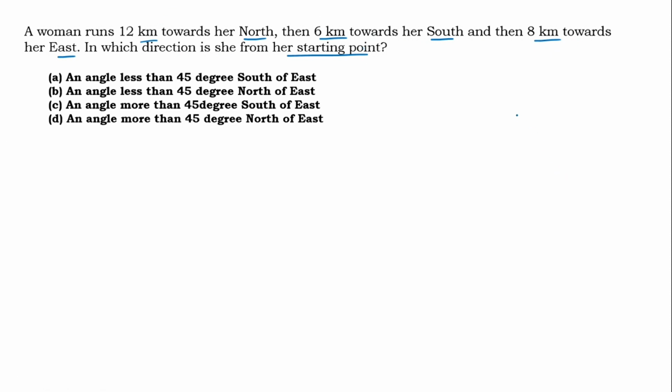Draw the direction: north, east, west and south. So let us take this as her starting point. She runs 12 km towards her north, and then 6 km towards her south.